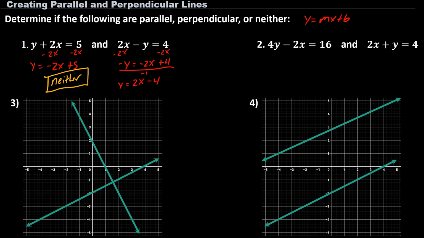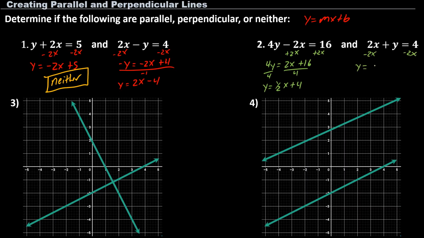Now as we look at number 2, same thing. So we want to add 2x to the other side. This gives us 4y is equal to 2x plus 16. And then we want to divide by 4, giving us y is equal to 1/2 x, because 2/4 is 1/2, plus 4. For the second equation, subtract 2x to the other side.